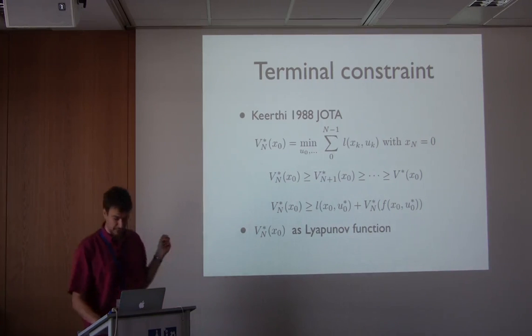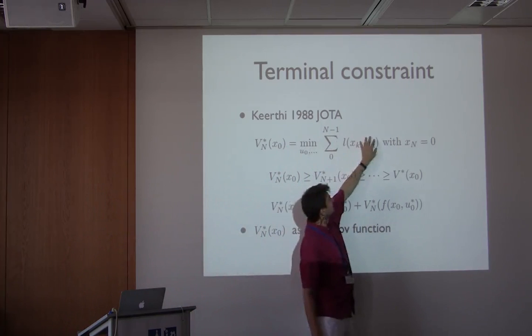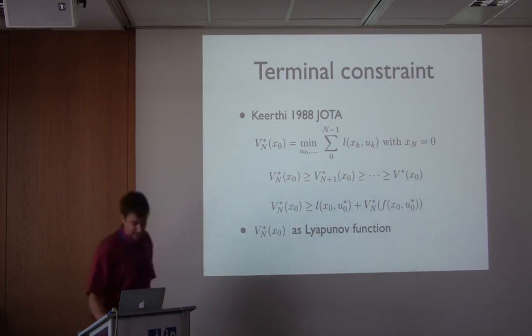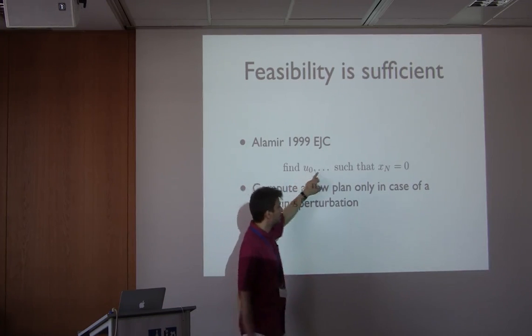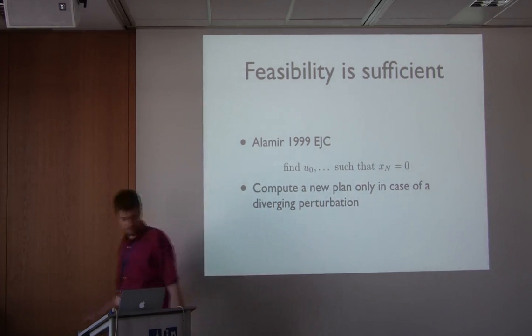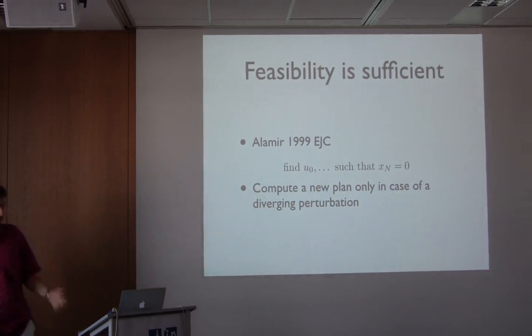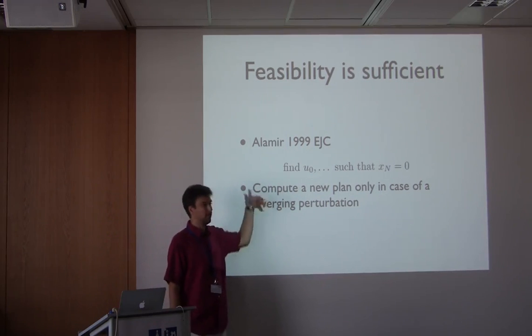The first extreme is, well, forget about this minimization. You just find a motion, so a control law, which leads you to stopping after n steps. Just find it. And then play it. And then, if you have a perturbation, then recompute.